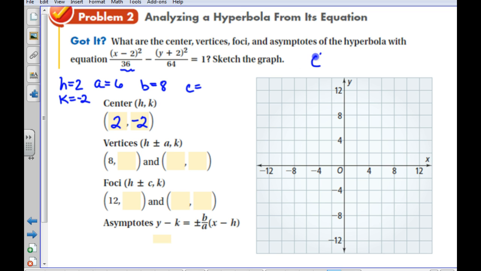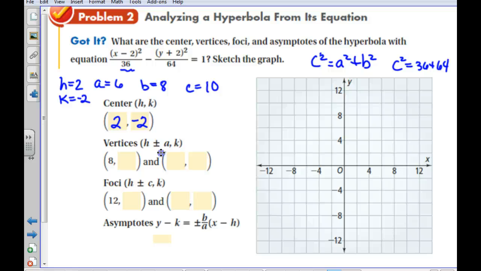Doesn't it say when it's minus in the middle here, it's plus, right? So C squared equals 36 plus 64. What's that make C? 10. Okay, you now have everything you need to be able to fill in all the junk on your orange sheet and get the right answers.